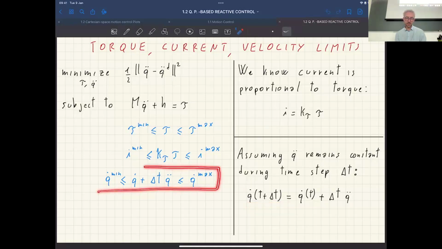I'm saying the velocity that I will have at the next control loop, I want it to be within the bounds. Typically, q dot min and q dot max are the same with a minus in front. And again, very important, this constraint is linear because my variables are q double dot, and this expression is linear with respect to q double dot.